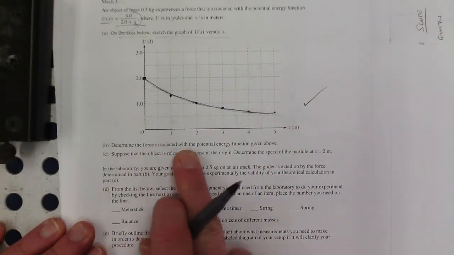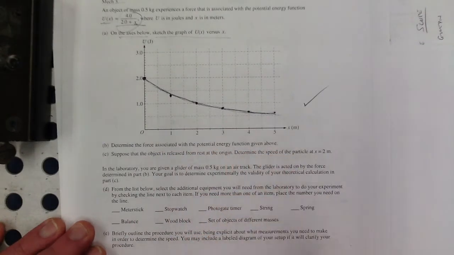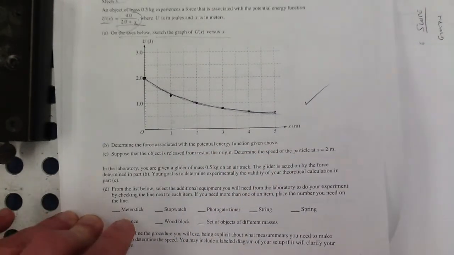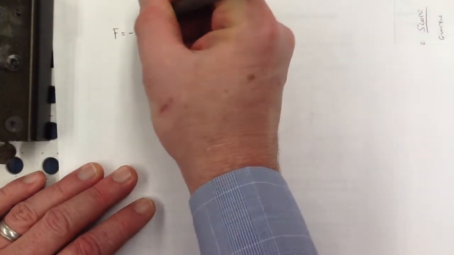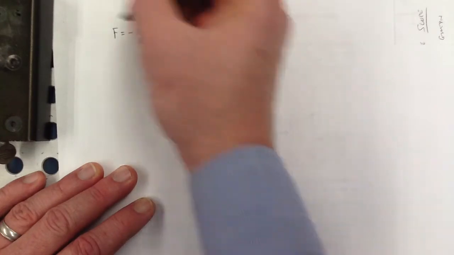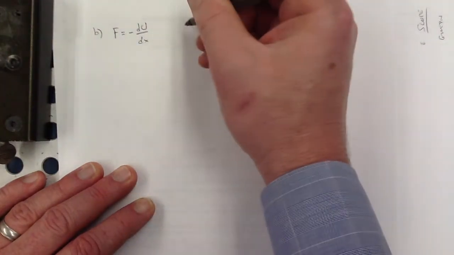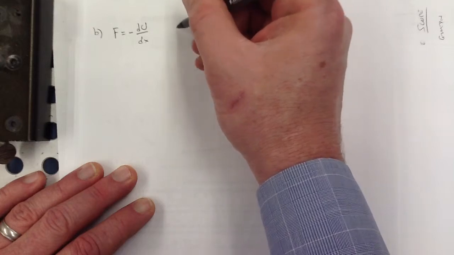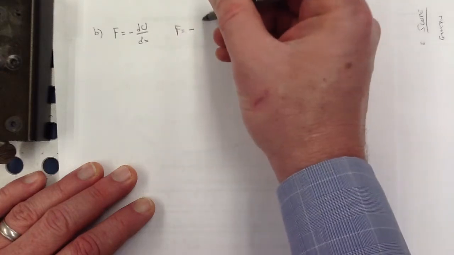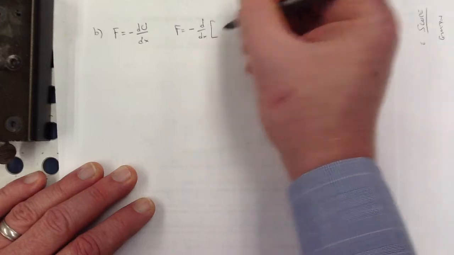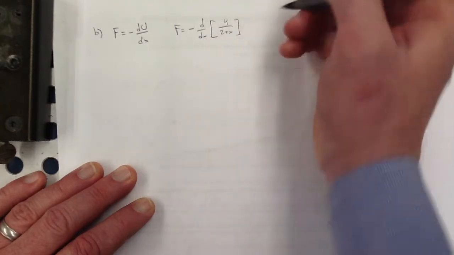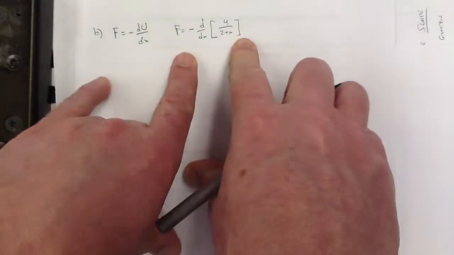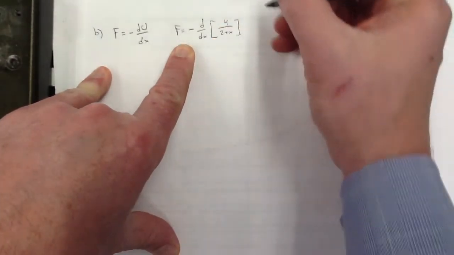Determine the force associated with the potential energy function given above. Okay, so the force is equal to the negative derivative of, what is it, 4 over 2 plus x. What's the derivative of that?